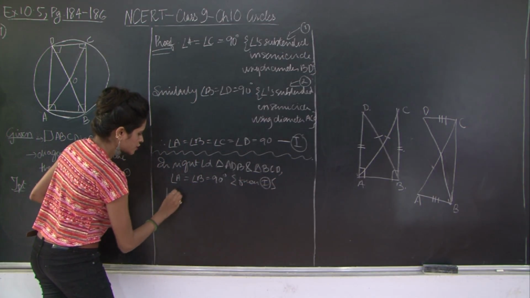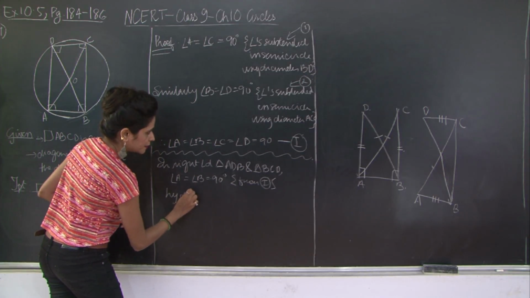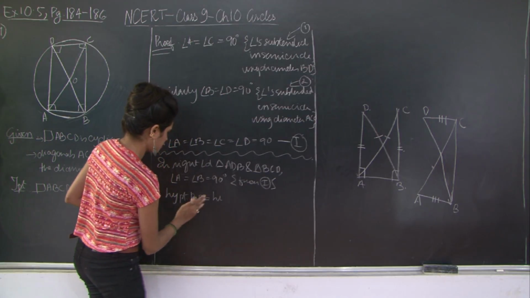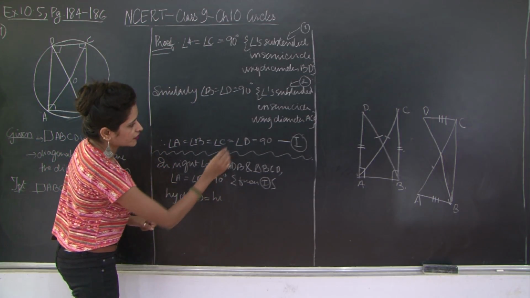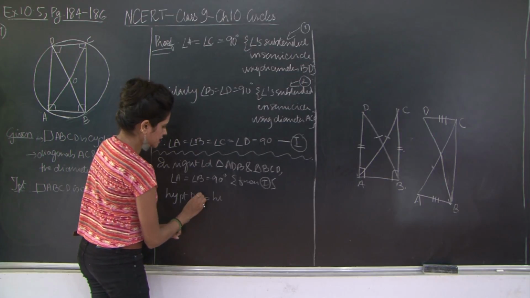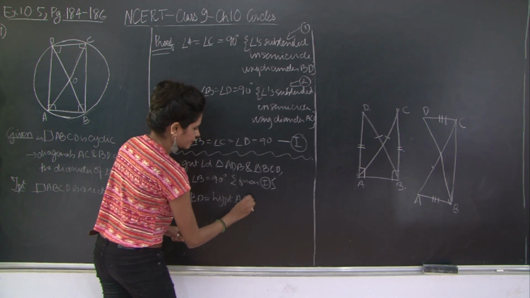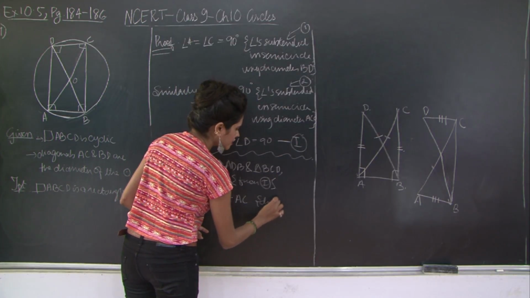Then I have hypotenuse BD is equal to hypotenuse AC because they are the diameters of the circle.